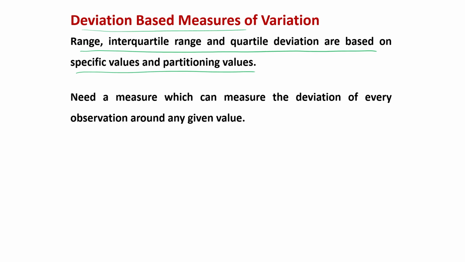They were not based on the values of the entire data set. In statistics we have a basic rule of thumb: if you use more data, then you get better information. So we would like to develop a measure which uses the entire data set to give us a value of this variation.